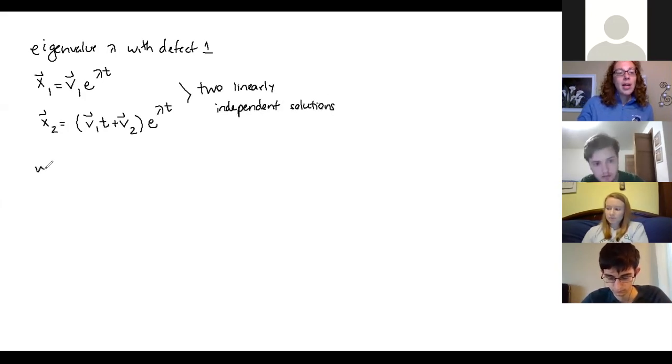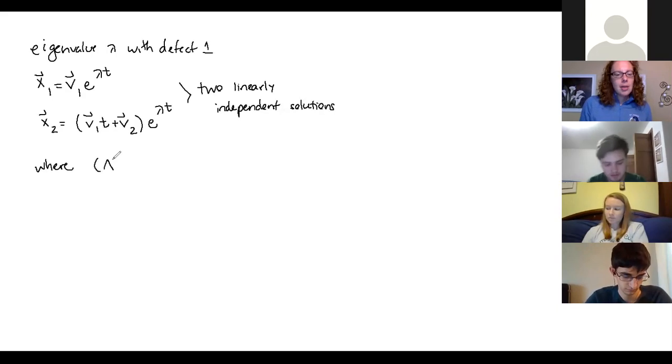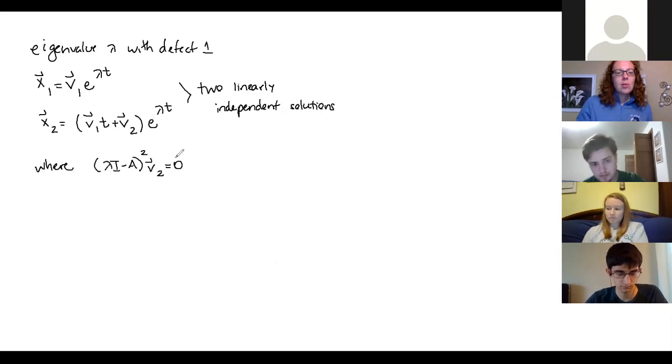Okay, here's where the v1 and the v2 come from. Three requirements. The first one: (lambda I minus A) quantity squared times v2 is equal to the 0 vector.